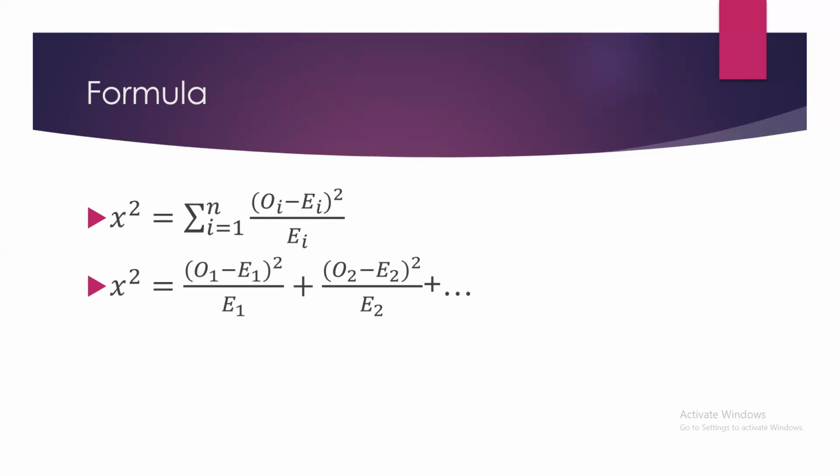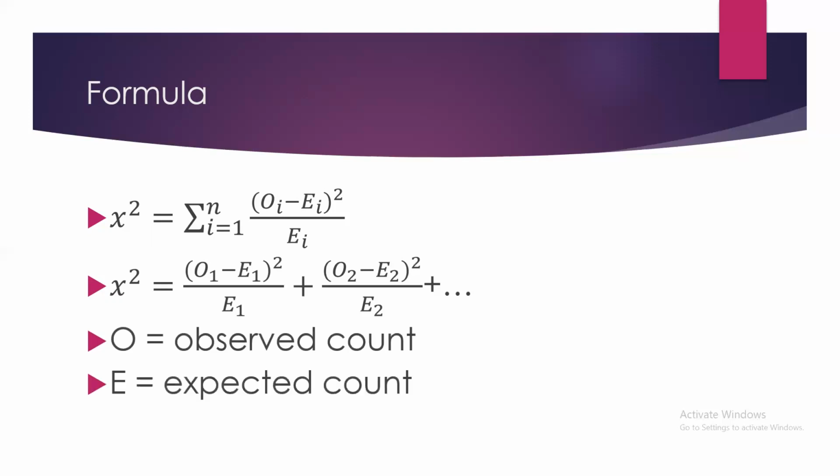So chi-squared is equal to observation 1 minus expected 1, squared, over expected 1. And we keep adding these together. O equals the observed count, E equals the expected count. So it looks complicated, but it's really simple.